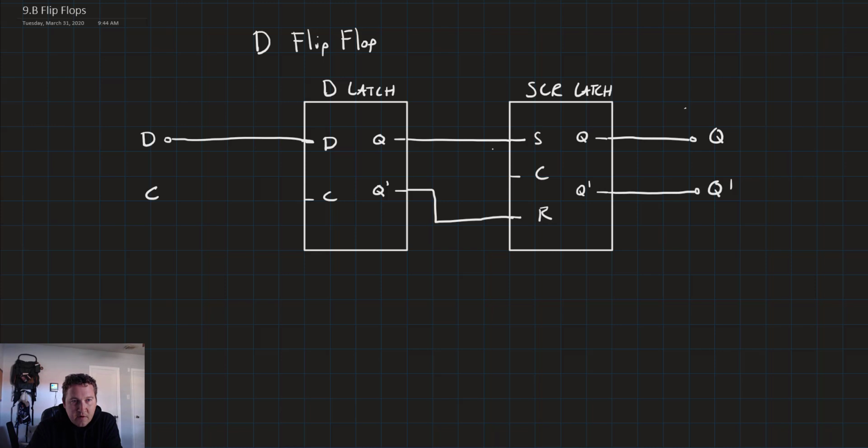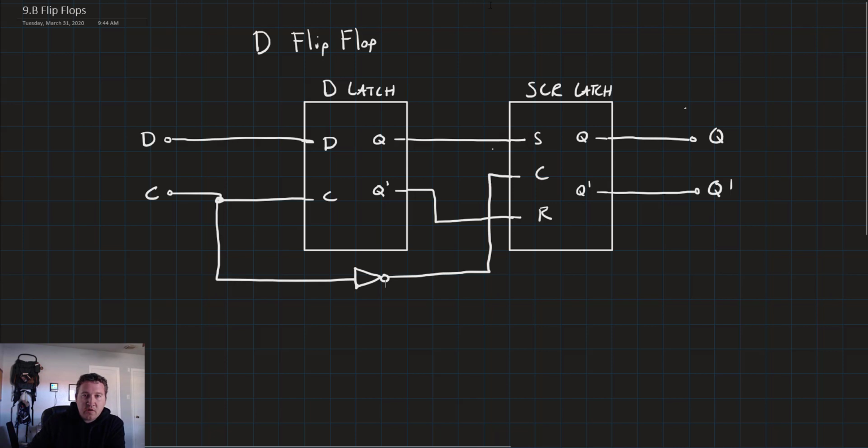And then we have a signal C. What makes it special is that input C that goes to the D latch also feeds around towards the SCR latch, but not before being passed through an inverter and connected to C for the SCR latch.